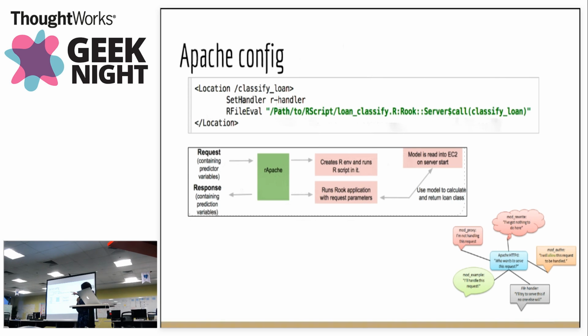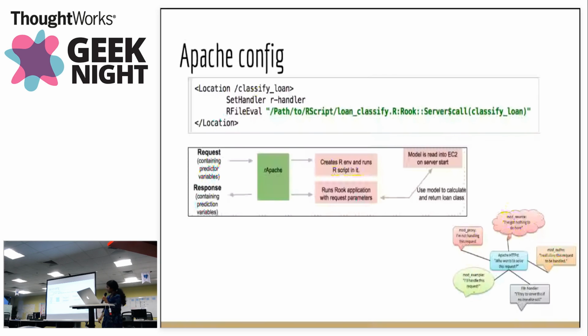The next line, this RFileEval line, is evaluated by RApache. It looks at this line as two parts: the first part is an R file, and the second part is an expression. So RFileEval creates an R environment and runs each line of code in the R script. After doing that, in the same environment, it evaluates the expression.